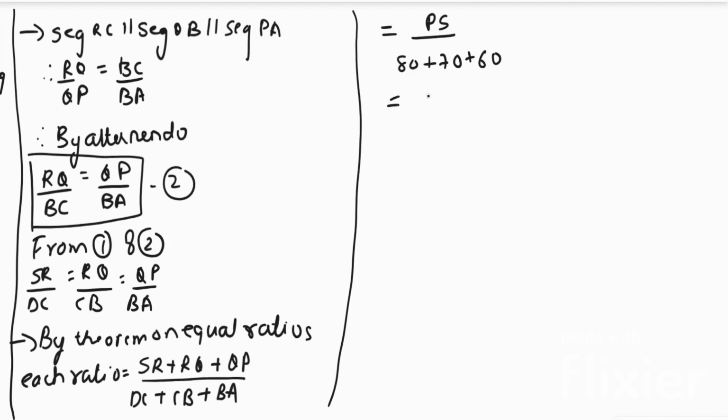The value of PS is 280 upon 210. So we'll just cancel it. 7 4s are 28, 7 3s are 21. So its answer is 4 upon 3.